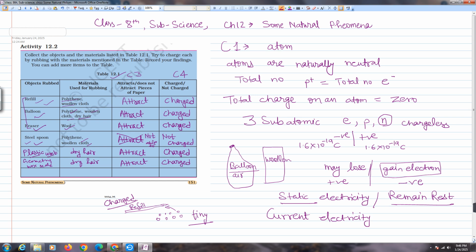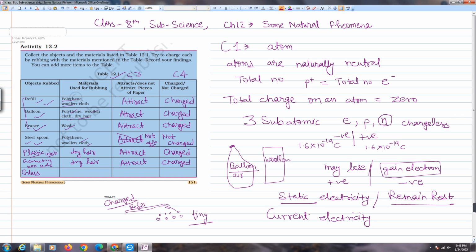So last, we are taking another material, and that is glass rod, correct?